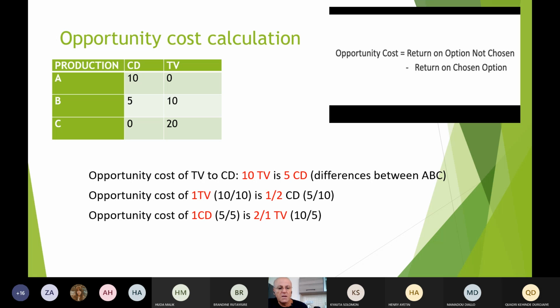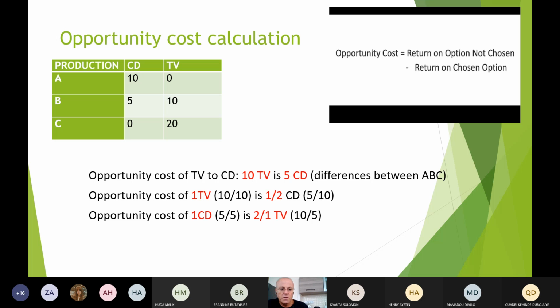Then we have here 10 units of CD for A and 0 units for TV. And for point B, we have 5 units of CD and 10 units of TV, and at point C we have 0 units of CD and 20 units of TV.